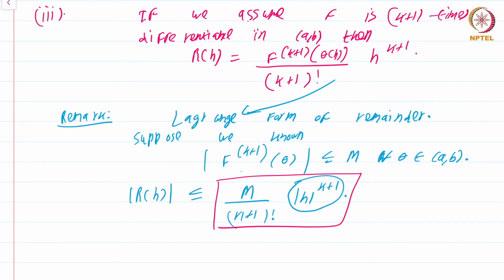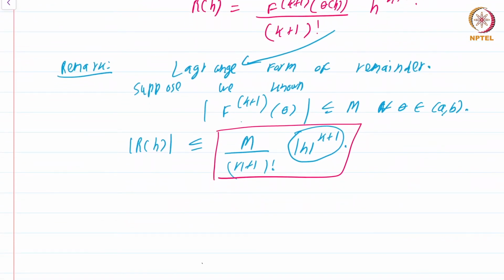So this Lagrange form of the remainder, when you know you have some estimate on the derivatives, is very, very useful. And this will be illustrated throughout in the coming modules when we talk about the elementary functions, sine, cosine, and so on, defined in terms of power series.